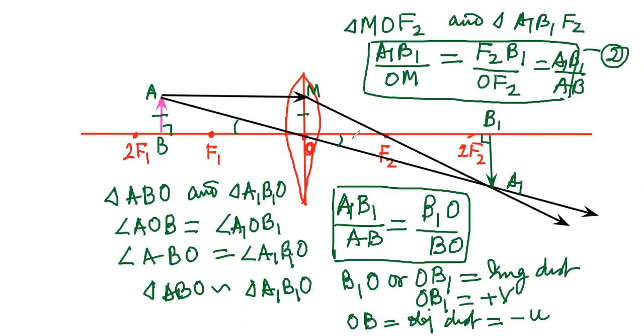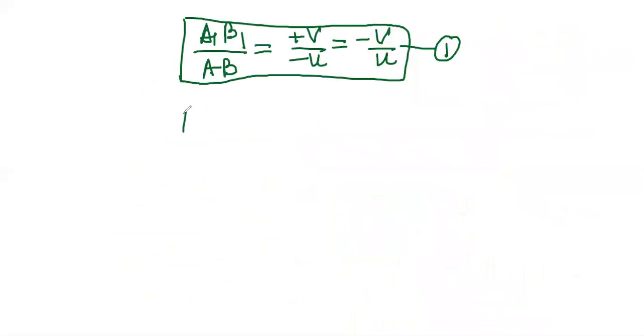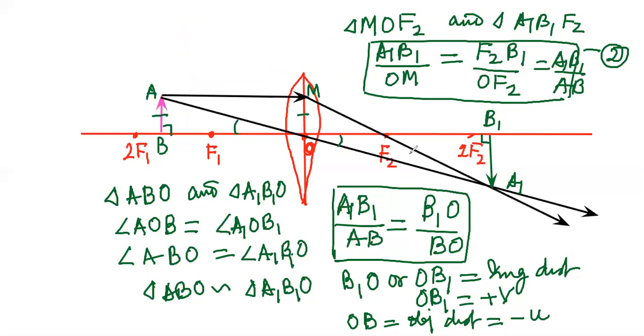So what is F2B1? From this diagram, it is very much clear that F2B1 is equal to OB1 minus OF2.